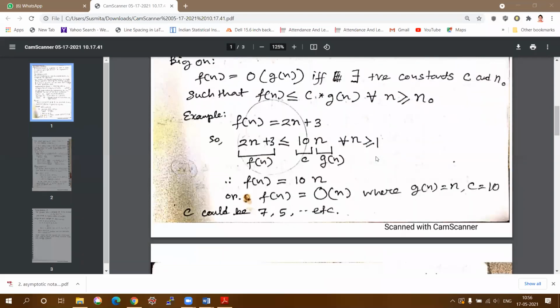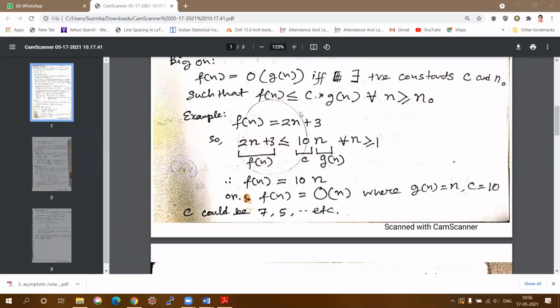Now let's take an example. Say f(n), I am assuming a simple first order function, that is f(n) equals 2n plus 3. With n there is an associated constant term 2, and 3 is another associated constant term. So 2n plus 3 is our f(n).